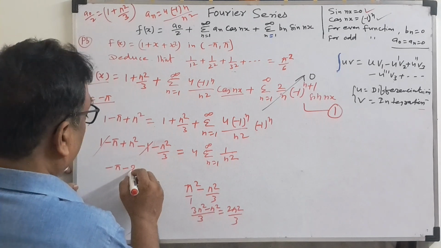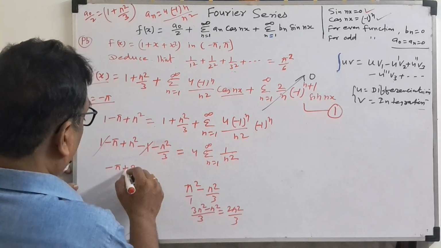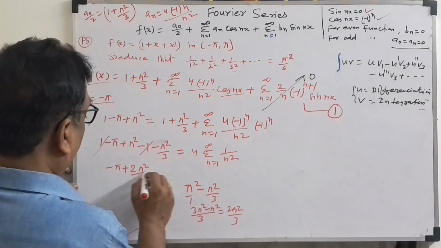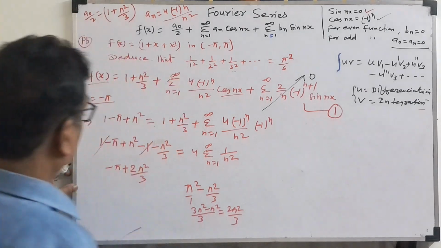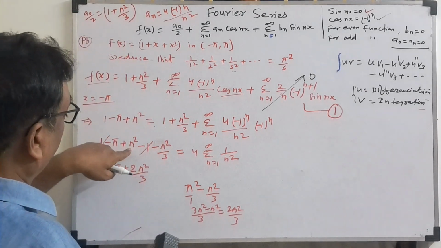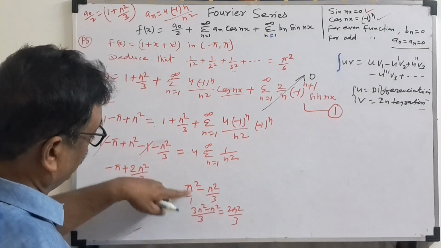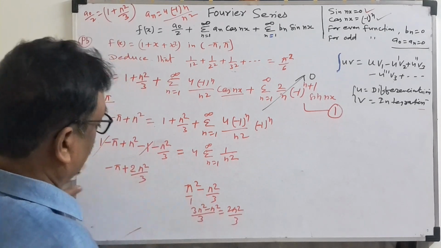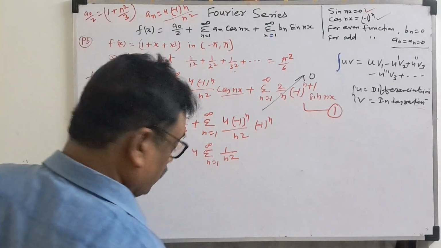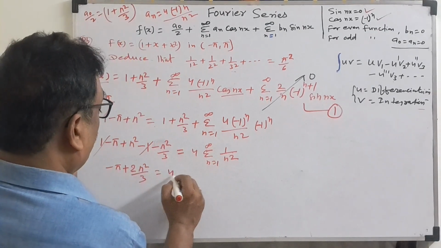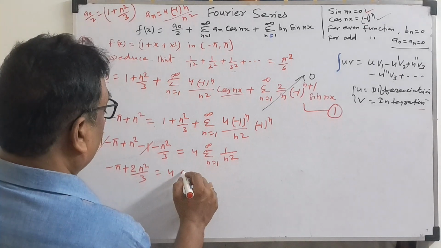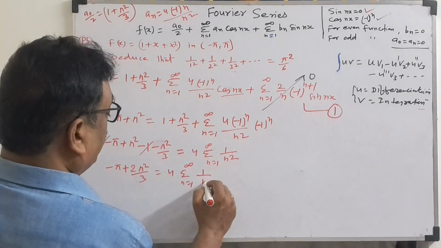So we got minus pi plus 2 pi square by 3 on this side. And this side, what is here? 4 summation n is equal to 1 to infinity 1 by n square.